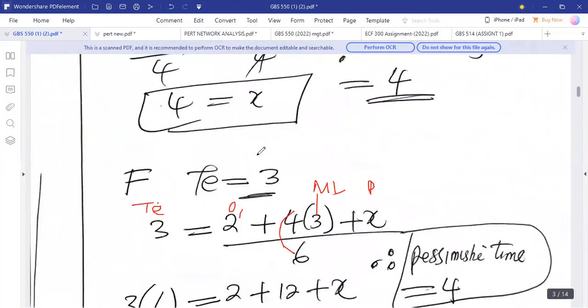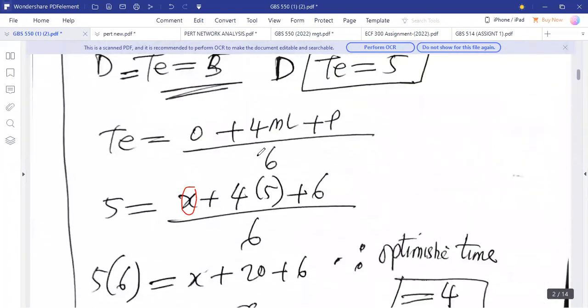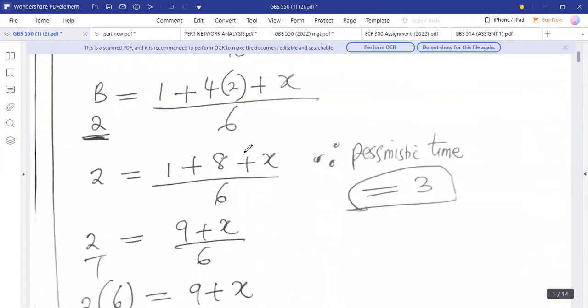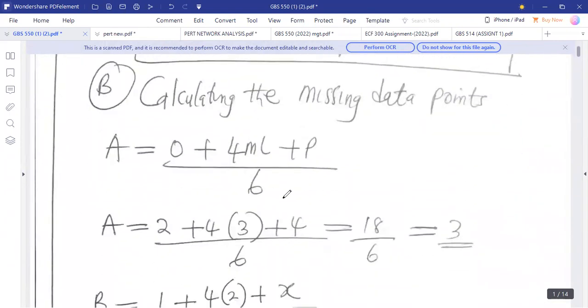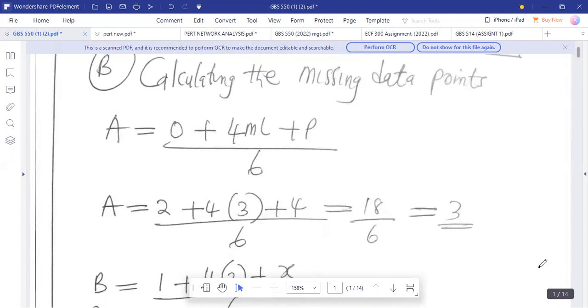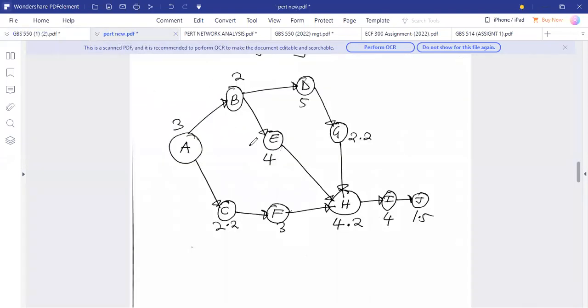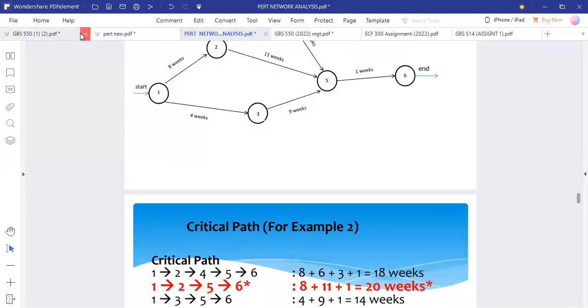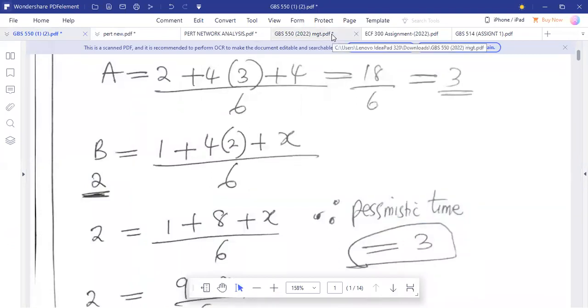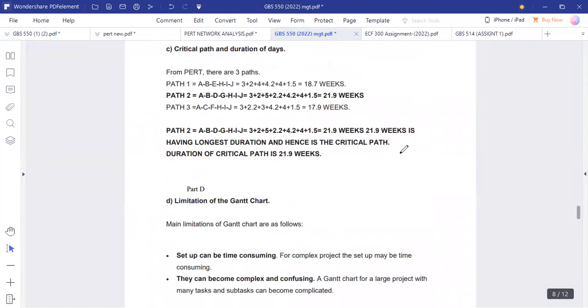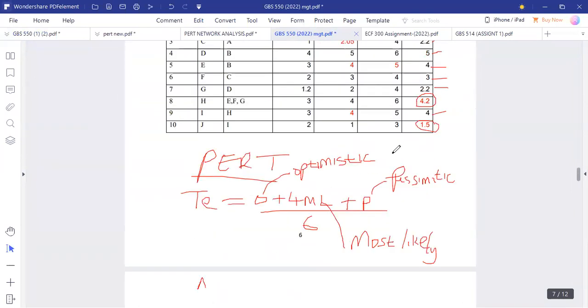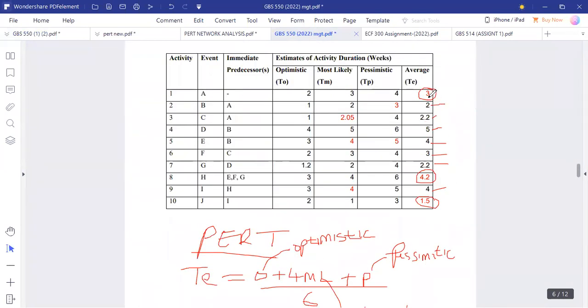So in short, what we're trying to say is that for each activity, like activity A, if we're talking about weeks, it takes 3 weeks to be completed. We can see from here that A is taking 3 on average.